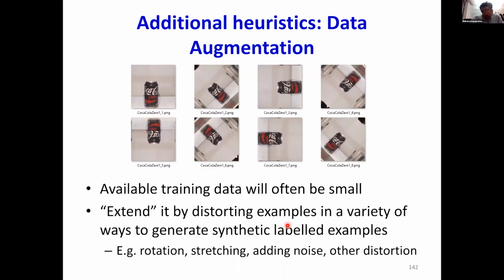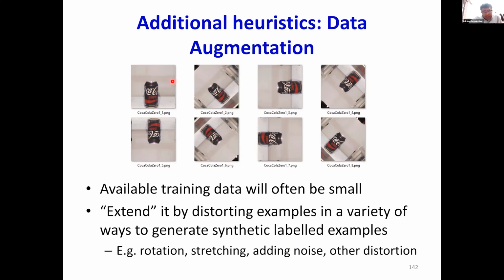Other heuristics, data augmentation. Often your available training data are going to be small. Or even if they are not small, the amount you have is not sufficient to train your model well enough, because you're always in a data insufficient regime. I don't care if you have 1 trillion training instances, you're still suffering from data insufficiency. And so we like to extend our training data by distorting examples in a variety of ways to generate synthetic labeled examples.